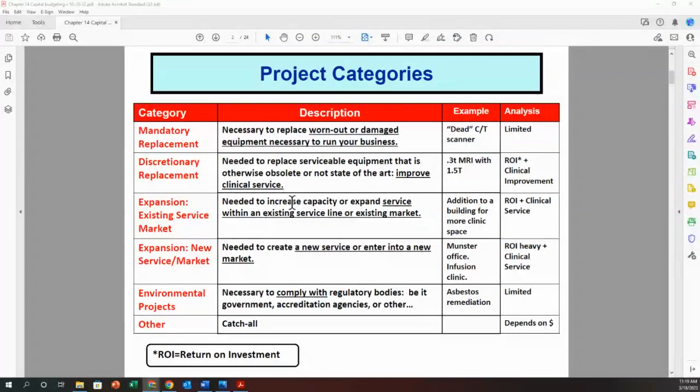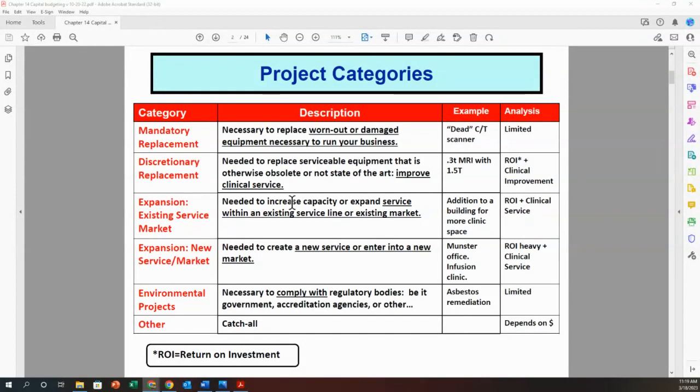It was a new market for us, as opposed to Joliet, where we just put an addition onto our building. We went into the infusion business. The Munster office was obviously much more than just doing an infusion clinic, but you're going to do more analysis because there's more risk involved.